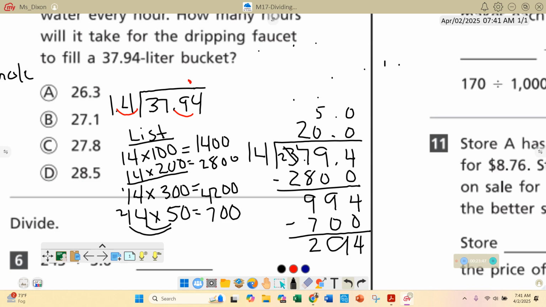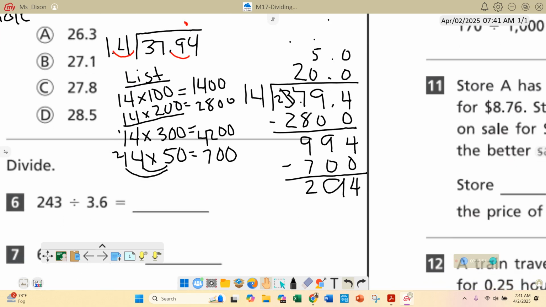Still need to keep going. Let's go to our list. And let's try, how about 20 groups? Right? 1 0. 4 times 2 is 8. 1 times 2 is 2.